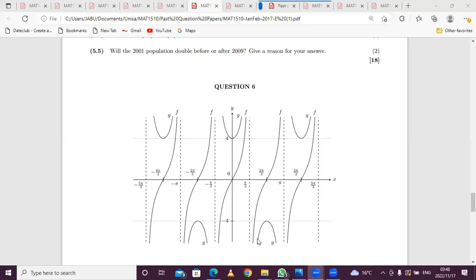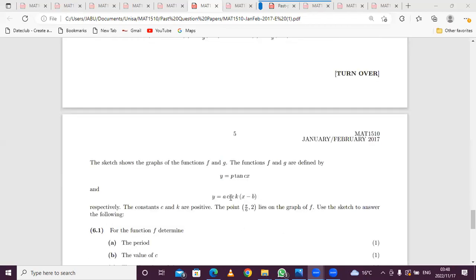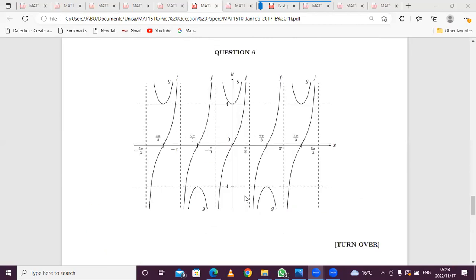So G is this one right here, and it is the cosecant graph. Okay, so meaning that there is a sine graph that goes like that. Because for you to draw the cosecant graph, obviously you'll have to start by drawing the sine graph.